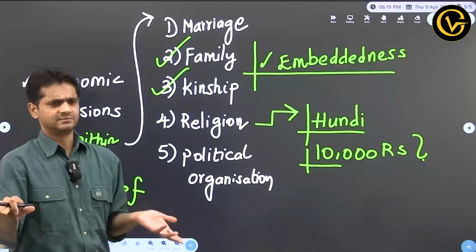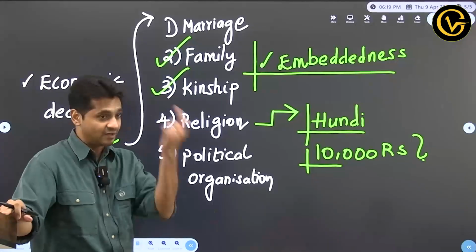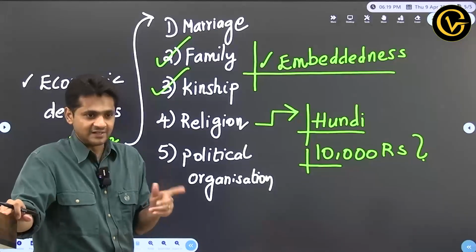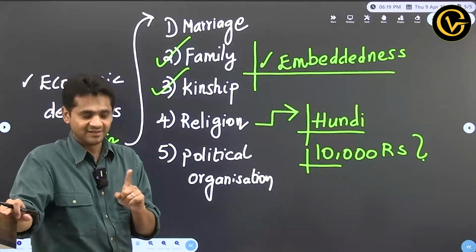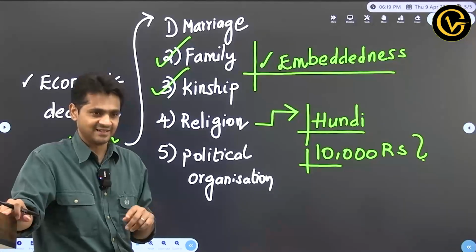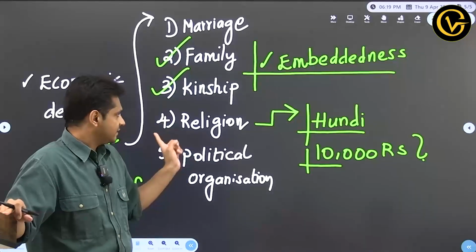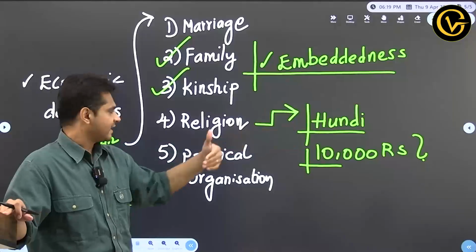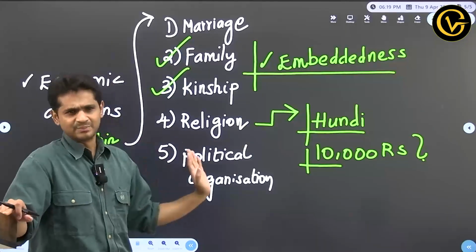Sometimes you would just give. Not every time you treat this like an economic transaction, or even if you might want to treat it like an economic transaction, your heart will say, don't be nasty, at least with God, don't do economic transaction. He is not like other fellow human beings, isn't it? So is this decision to put money in the hundi, did you take it as a strict economic transaction? No. The point is very simple.